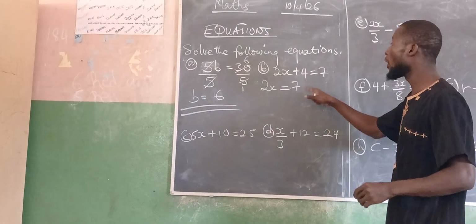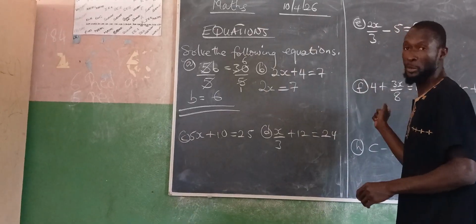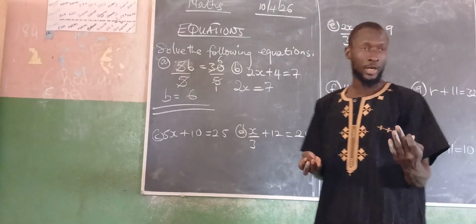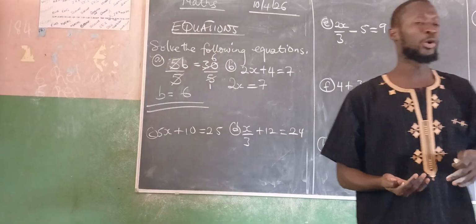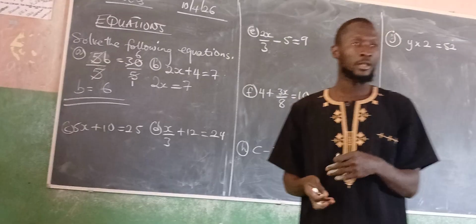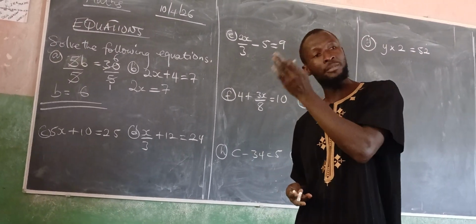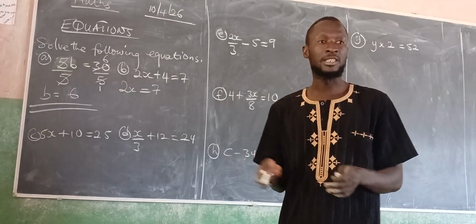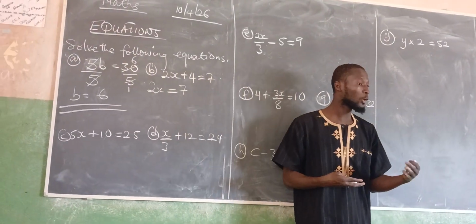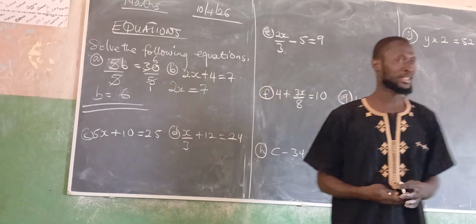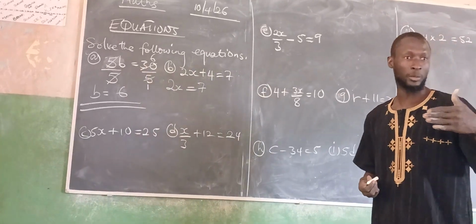So the 4 will also move to the right hand side of the equation. But remember, whenever a number jumps an equal sign, either to the left or right, the sign of that number changes. And remember, the sign of a number is always at the left hand side of that particular number.